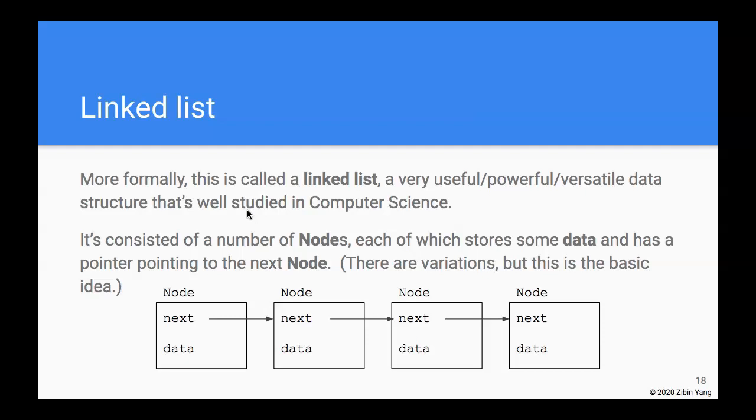But anyway, at the very basic level, a linked list has a bunch of nodes, and each of these nodes stores some sort of data, and all of them have a pointer, typically called the next pointer, that points to the next node. And a number of these chained together then form a linked list. Now, there are many different variations on this idea, but they all share the same basic structure.